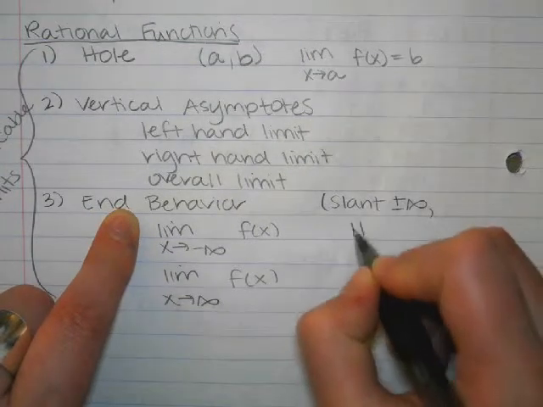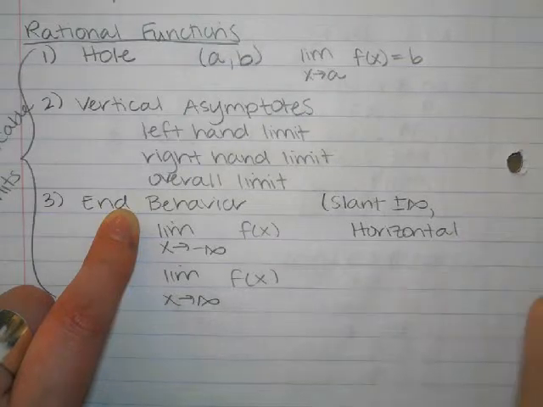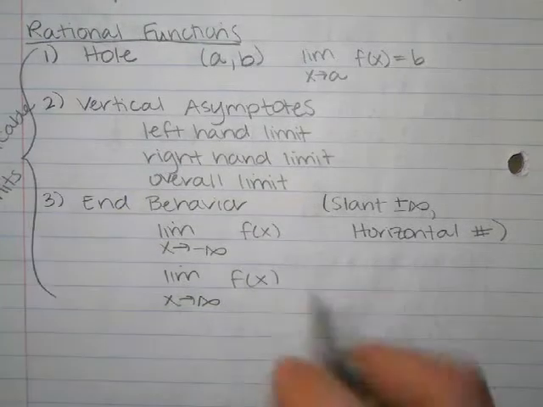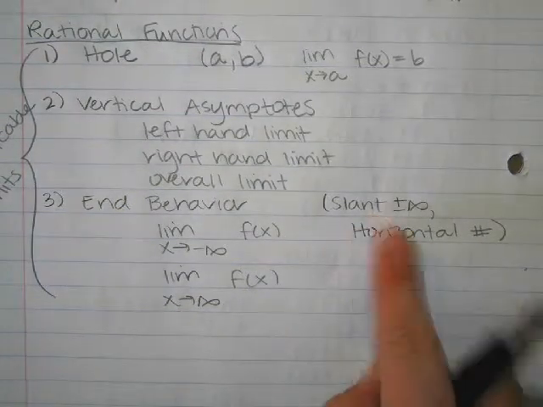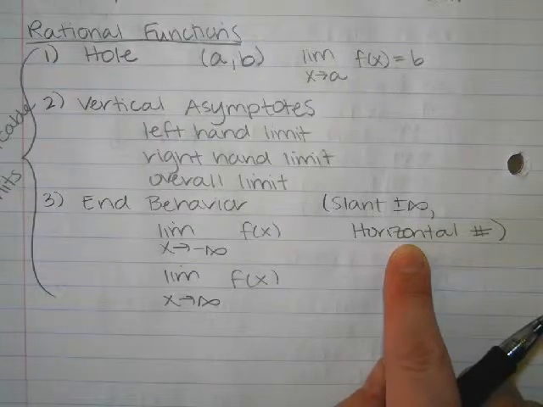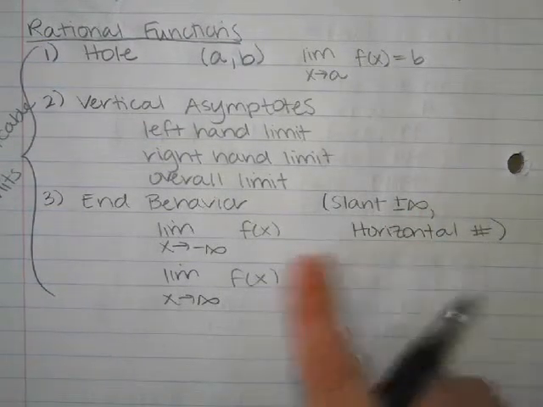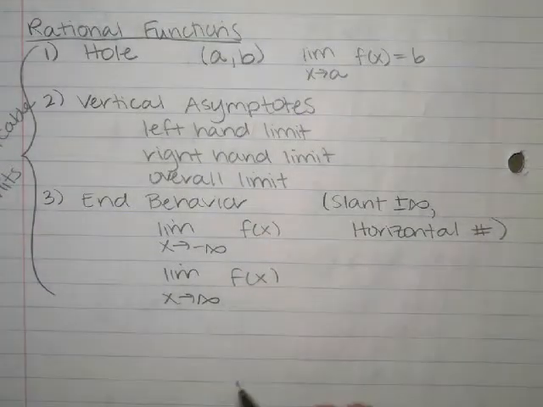Or it can come from a horizontal asymptote. And if it comes from a horizontal asymptote, then it's going to be a number. So end behavior limits will always come either from a slant asymptote or a horizontal asymptote. And so you can kind of predict, based on what it has, what types of answers you're going to get for your end behavior.